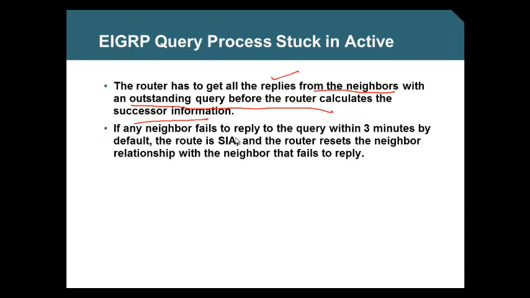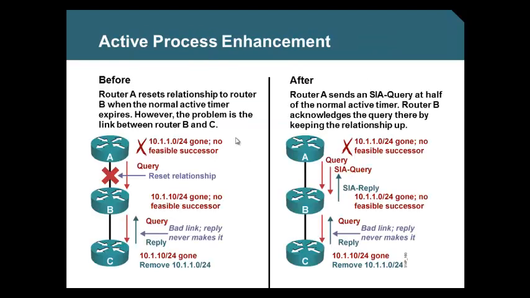To avoid all this, we need to configure stuck in active. So when you don't have it configured, the query is sent and waited, and then reset of the relationship happens. But when you configure it, the query is sent, and whoever is configured to reply, they will reply.